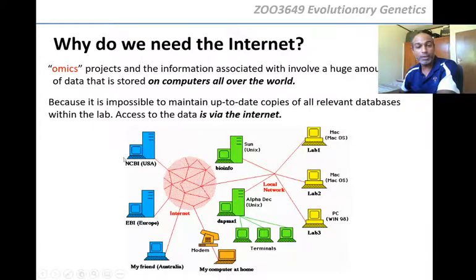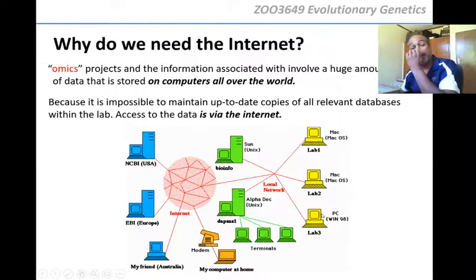Here in blue, you see the NCBI server in the United States, the EBI, European Bioinformatics Institute in Europe, and one in Australia. They are connected to the internet, to my computer at home, to our local networks in our bioinformatics lab at Univen, and to other labs at Univen.